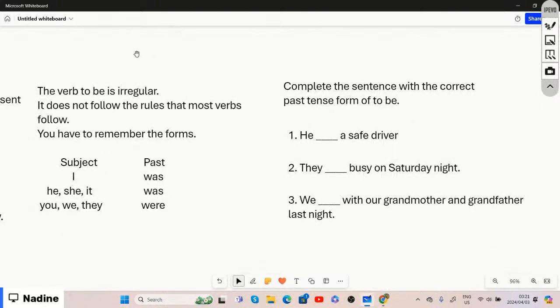Now we're going to our past tense form of to be. And once again, remember the verb to be is irregular and we do not follow any rules. So if we look at our subject, if we're referring to I, if I am saying that I did something in the past, which is maybe yesterday, I can say, I was.